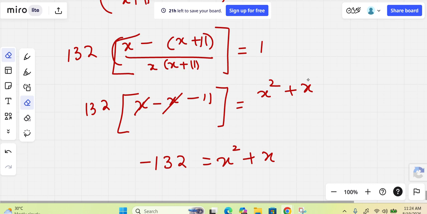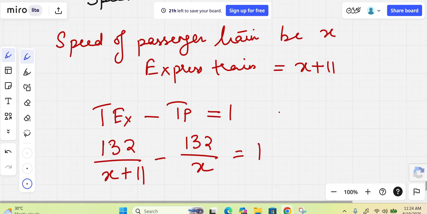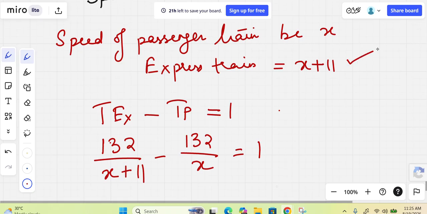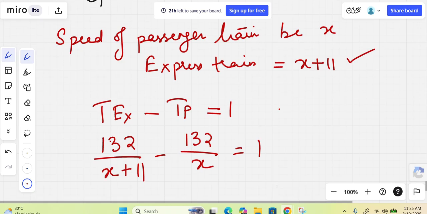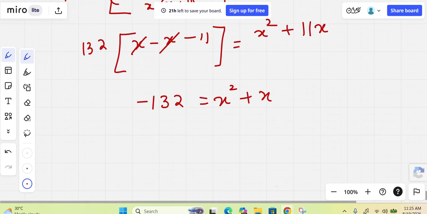Why didn't you guys say? You should have prompted. It was plus 11. So the speed of the express train was x plus 11 and I wrote x plus 1. That's why I have made the changes.